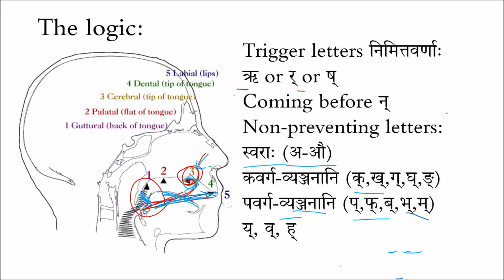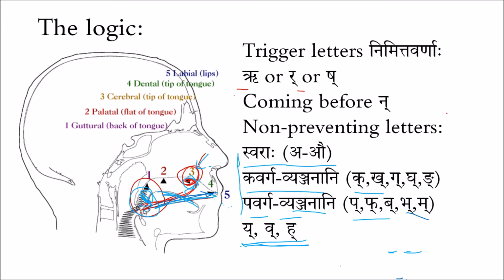It doesn't touch any part of the mouth. The ka series being in the kantha doesn't involve changing the shape of the tongue, and pa also has no involvement of the tongue. So there is no need to bring the tip of the tongue here and say na. But what about ya, va, ha?